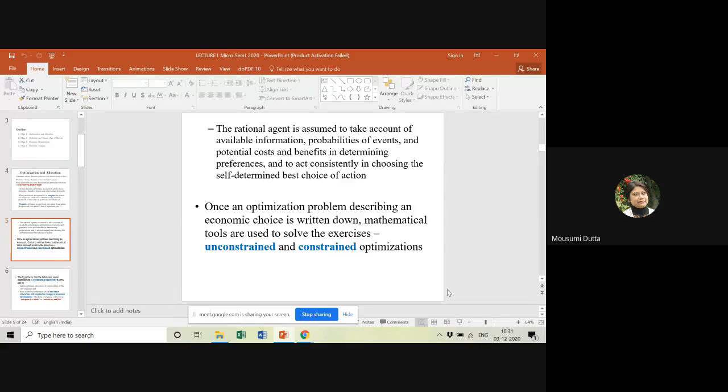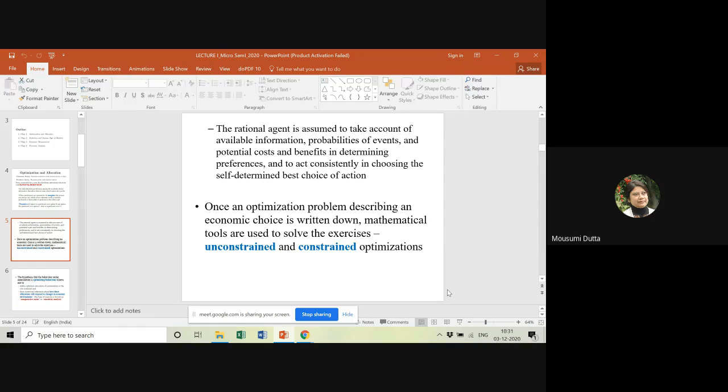In case of profit maximization, generally it happens directly, you are maximizing profit. In case of revenue maximization, revenue is price into quantity. So when a producer tries to maximize revenue, then also generally we consider unconstrained optimization. Directly we maximize profit or directly we maximize revenue.